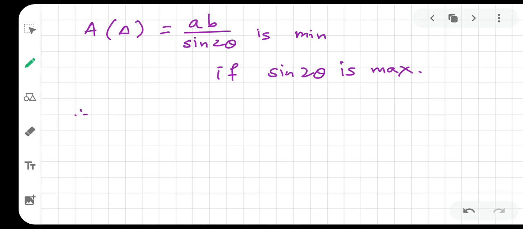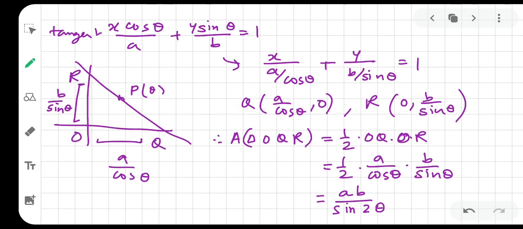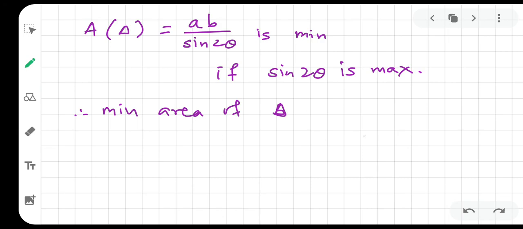But we want to find the minimum area, right? So sin 2 theta is maximum, hence minimum area of triangle, जो भी ट्रायंगल हमने लिया है, मिनिमम एरिया ऑफ ट्रायंगल OQR जो कुछ भी हमें रिक्वायर्ड था, is A into B.